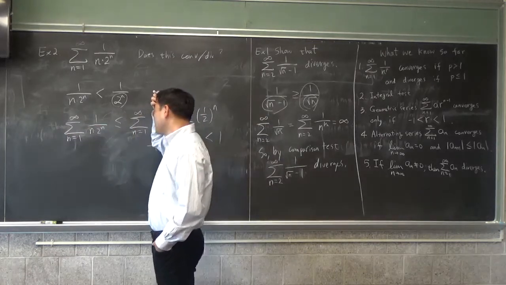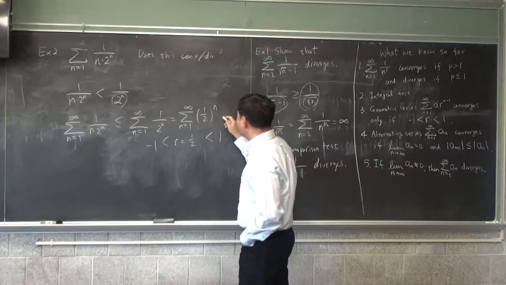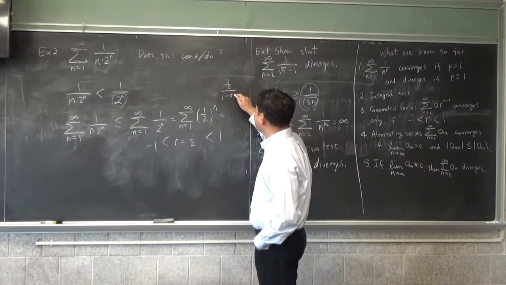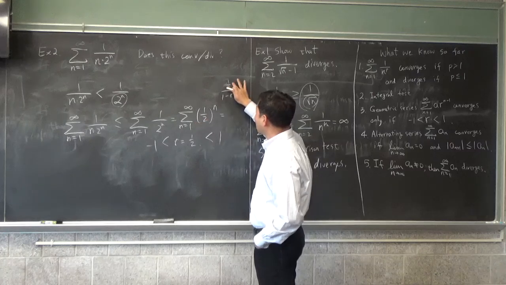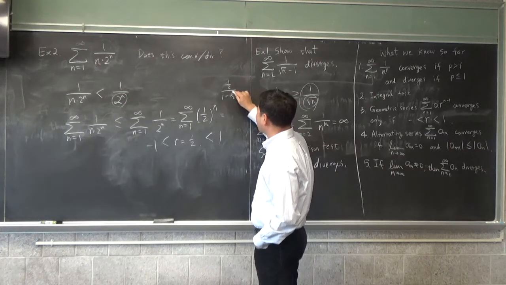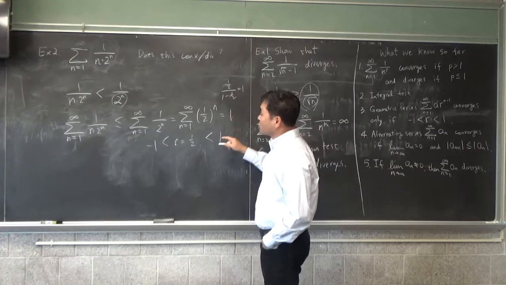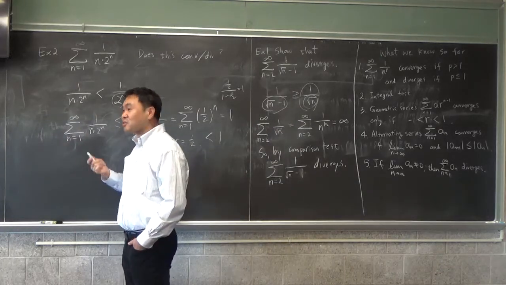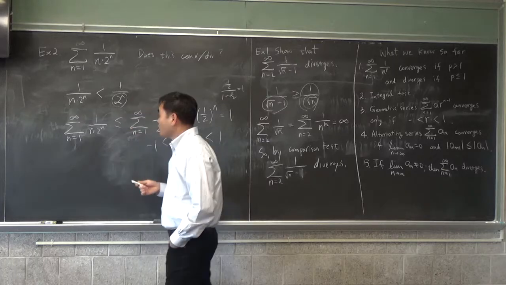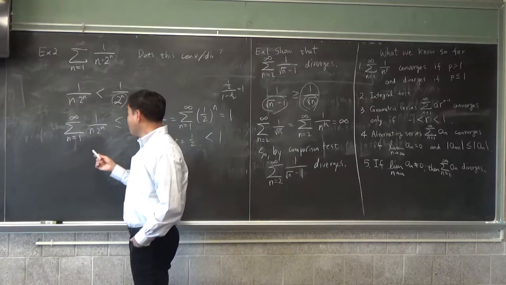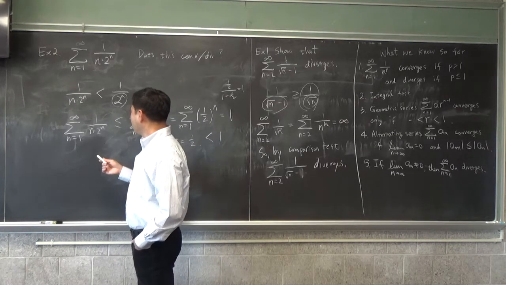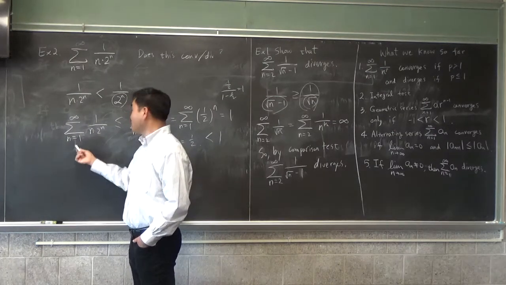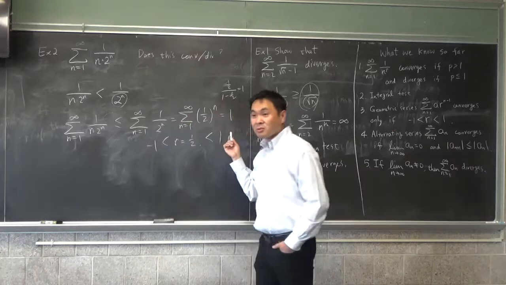Oh well, it might. We do know that the sum is a over 1 minus r. So when n is 1, a is 1/2, r is 1/2. So that's going to give you 1. So we know that the summation of this will be less than 1. So that's something better than not knowing anything. But what's really important is that this converges because it's less than some finite value.